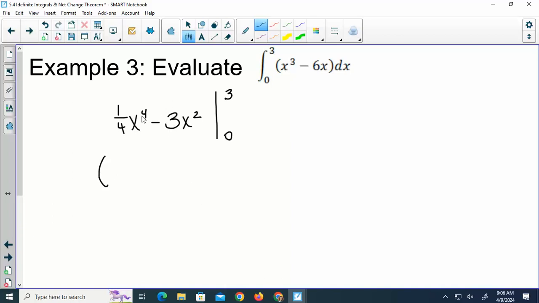Let's try it without a calculator. 3 to the 4th would be 3 times 3 is 9. 9 times 9 is 81. Times 1/4 would be 81 over 4. Okay, 3 squared is 9 times 3 is 27. Minus, if you put in a 0, we get 0 minus 0.